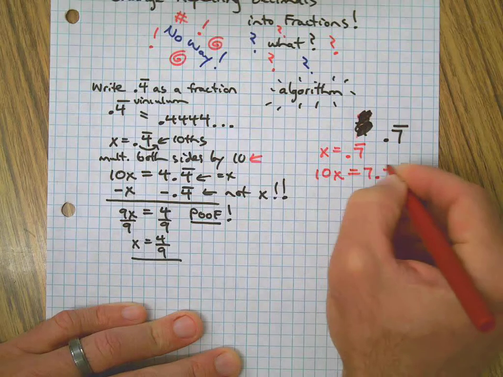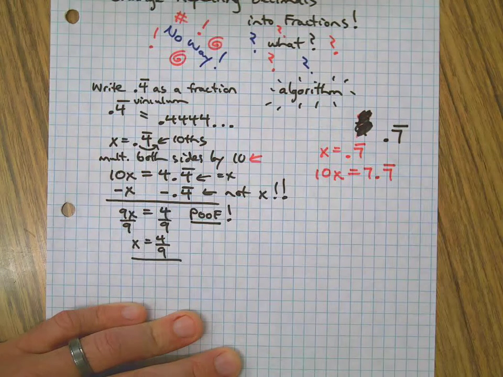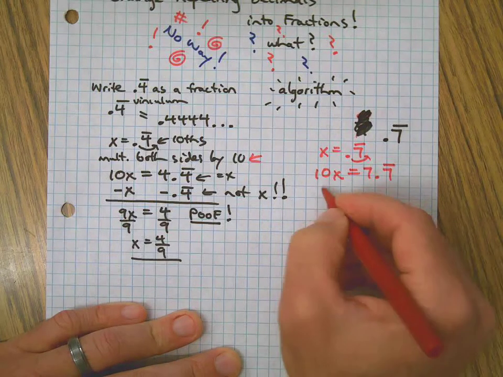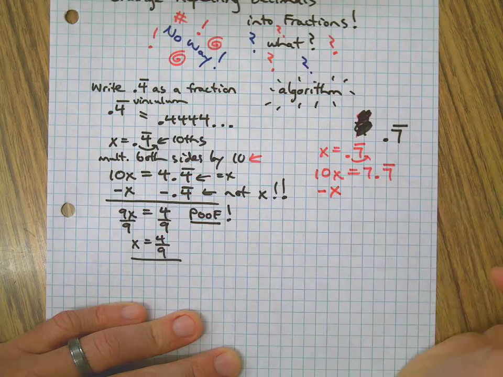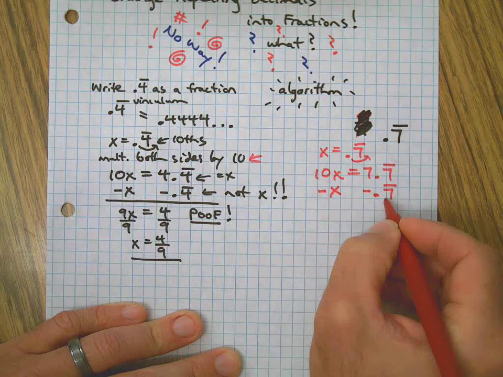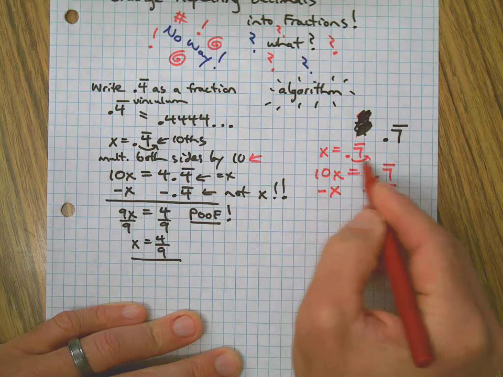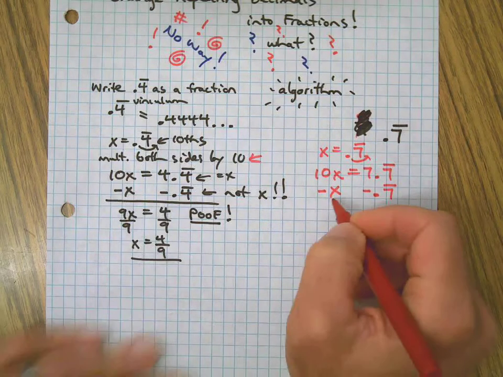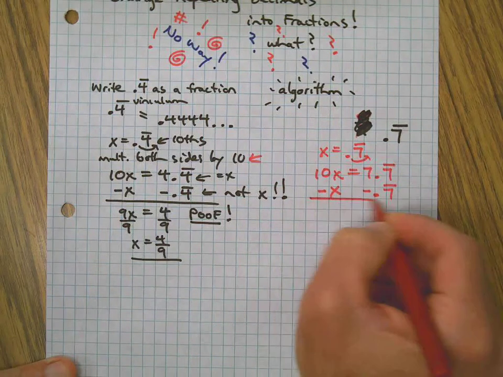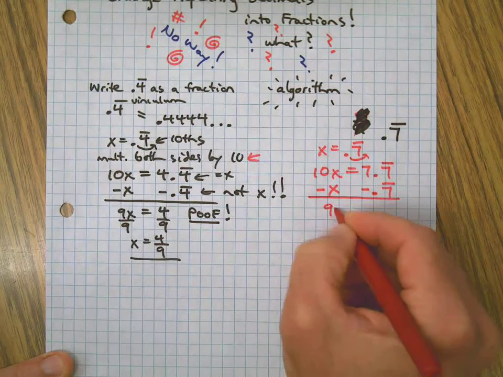Multiply both sides by 10 gives me that, because the decimal got moved over one place value. Now I'm going to subtract x from both sides. Remember, since x is equal to this repeating 7, when I say take away x from both sides, I can take away the repeating 7 from one side and the x from the other.